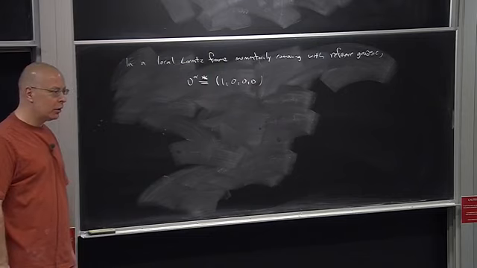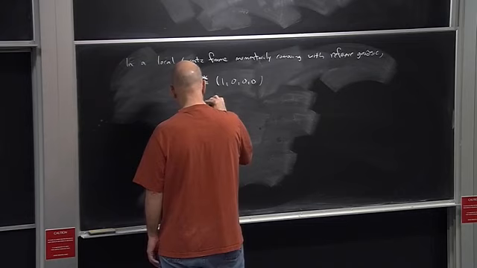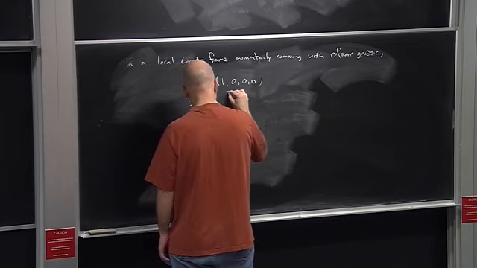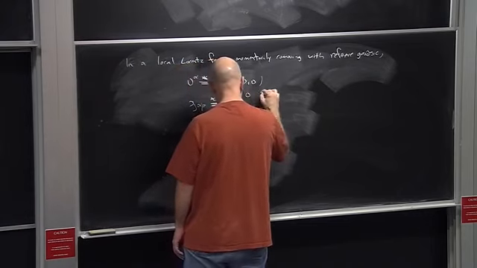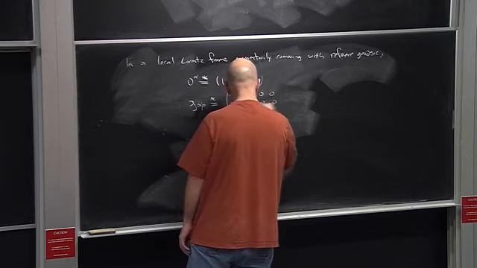That's what I've been saying all along. We also know that in that coordinate system, the metric is -1, +1, and a bunch of zeros.